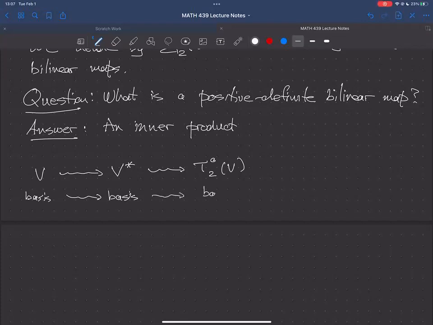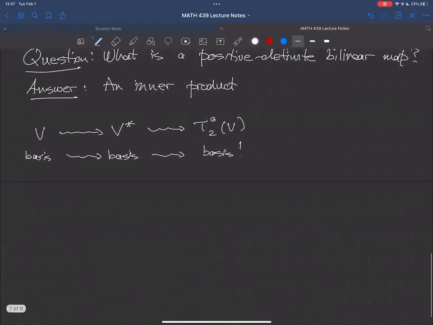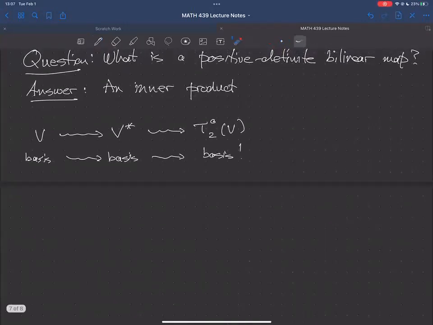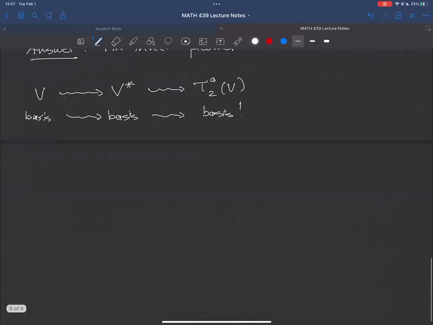And we should therefore be able to define a natural basis for the set of bilinear mappings on the vector space V, just as there's a natural basis for V star. Let's actually see what that basis is. And in doing so, we'll introduce a little special bit of notation.